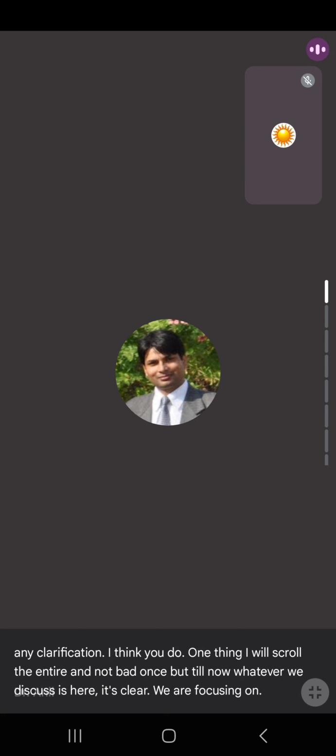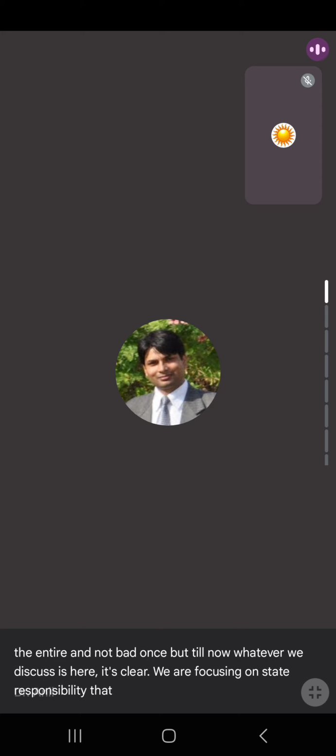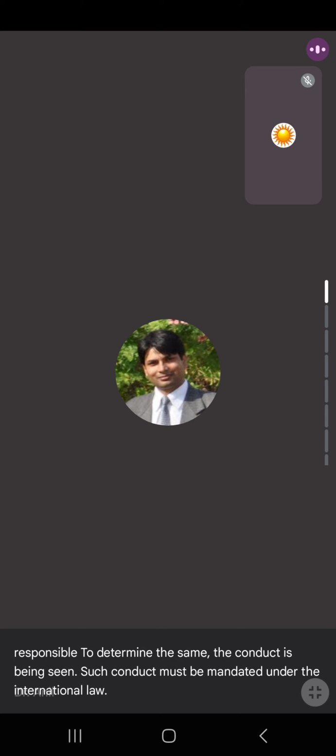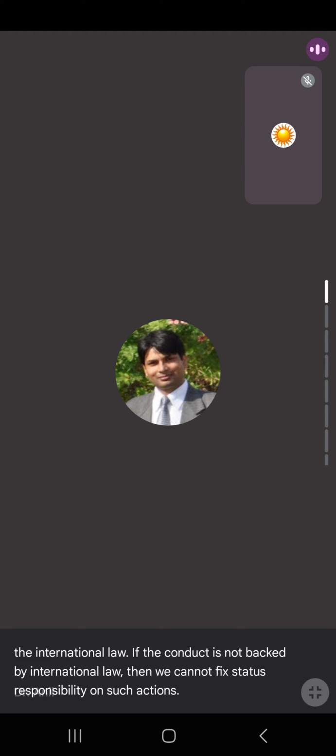We are focusing on state responsibility, that under what conditions a state is responsible. To determine the same, the conduct is being seen. Such conduct must be mandated under international law. If the conduct is not backed by international law, then we cannot fix state responsibility on such actions. Clear?